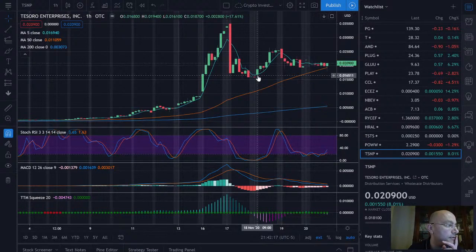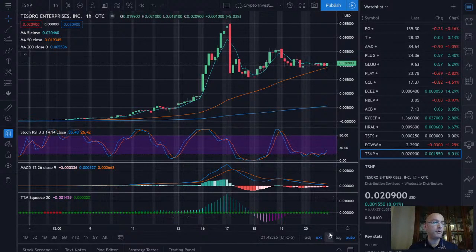We have a question. If we have a system that doesn't have a TTM squeeze, what would you suggest? Great question, Thomas. I haven't discussed the TTM squeeze yet because not a lot of people actually use it. If you don't have it in your system, then I suggest that you just stick with the stochastic RSI, MACD, and the moving averages. That's personally what works best for me.